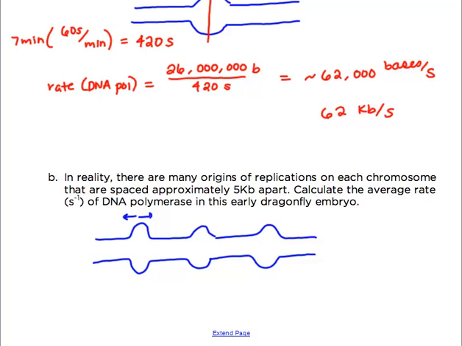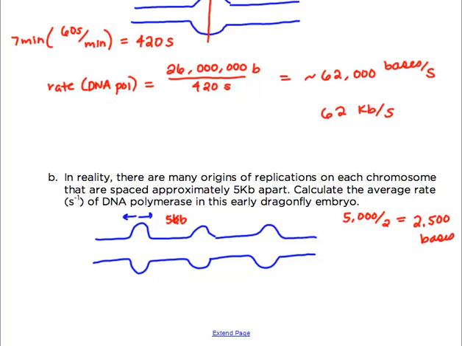So because these are 5 kilobases apart, and it's going bidirectionally, that means that each replication fork is really only responsible for replicating 2,500 bases, right? So when you do 5,000 divided by 2, and we divide by 2 because it's bidirectional replication, you're going to get 2,500 bases that you have to do in those 7 minutes.